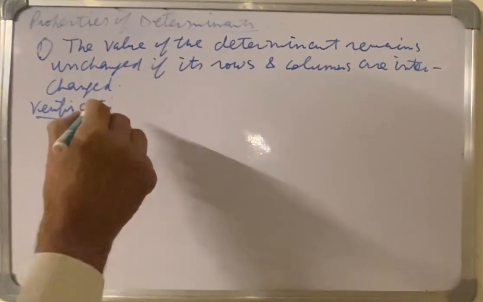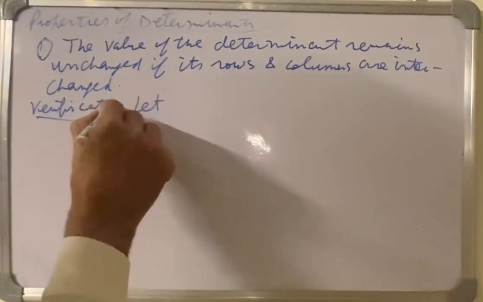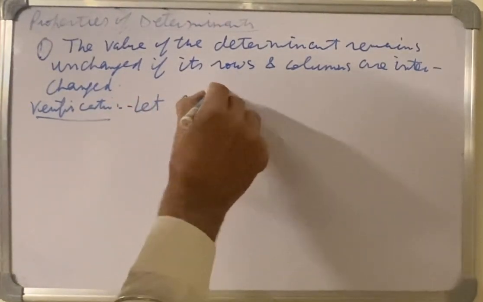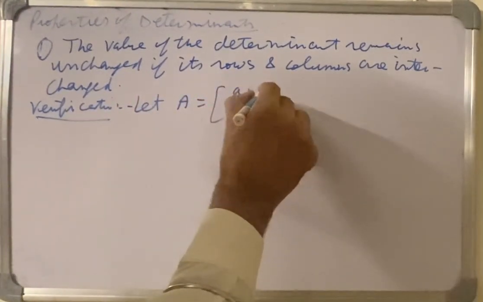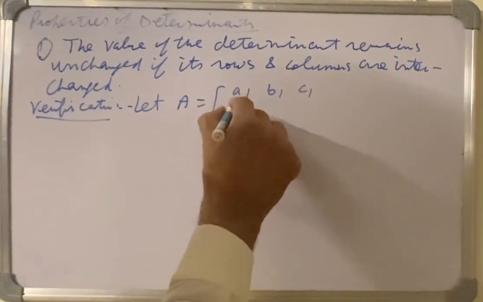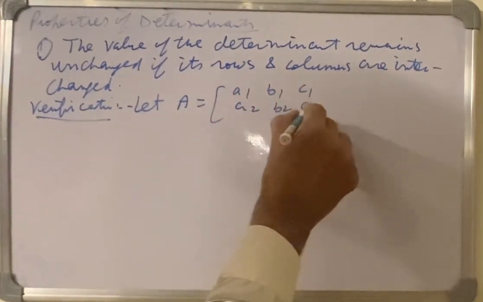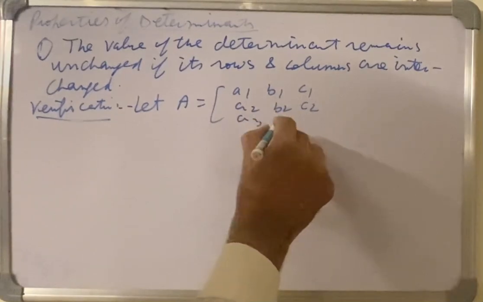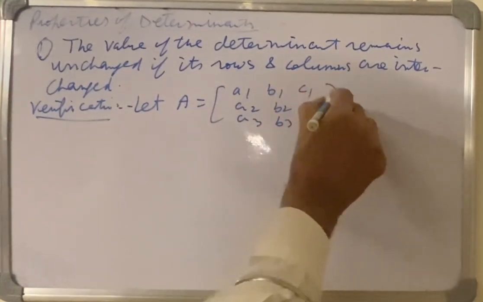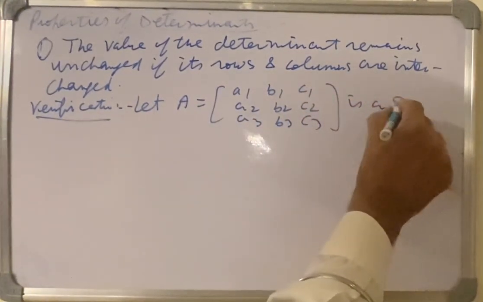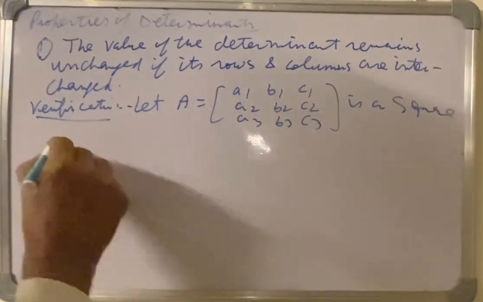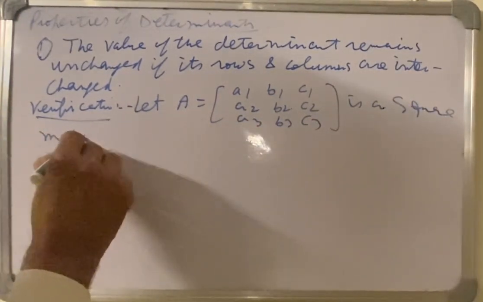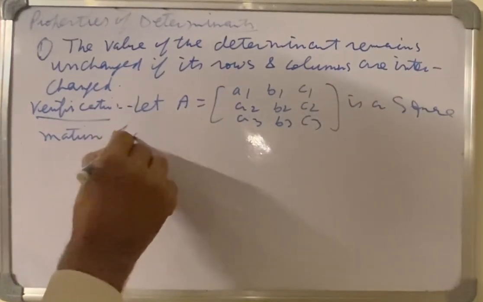Let A is equal to the matrix with rows A1 B1 C1, A2 B2 C2, A3 B3 C3, a square matrix of order 3.